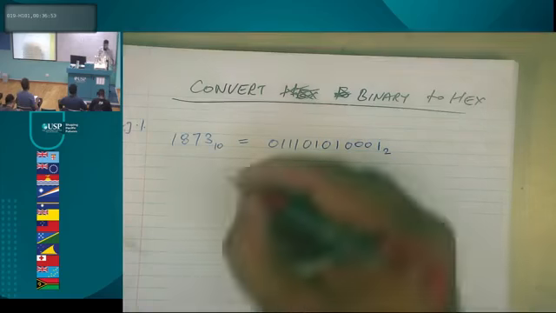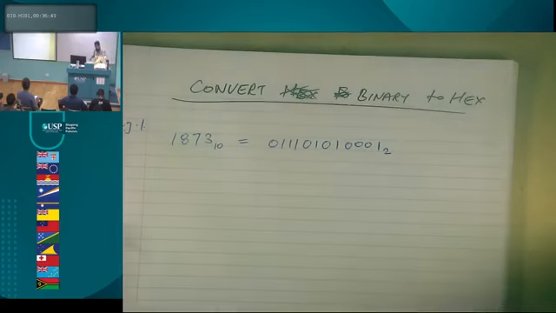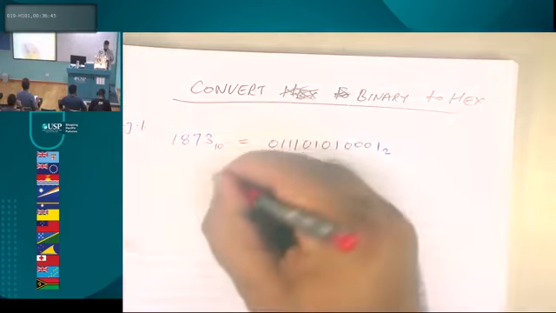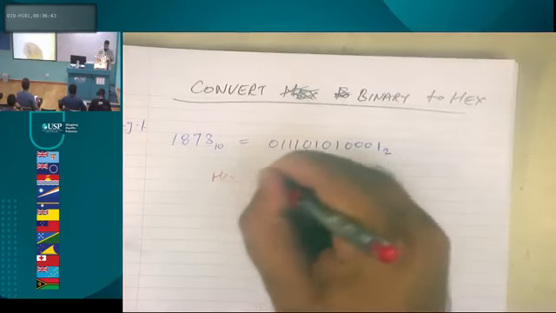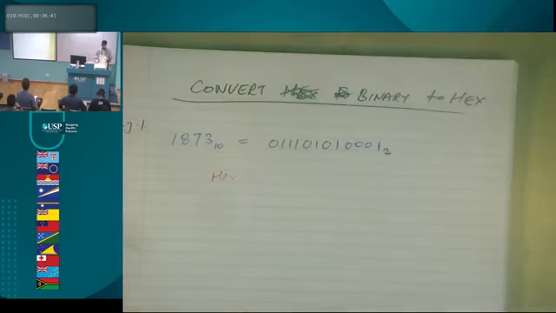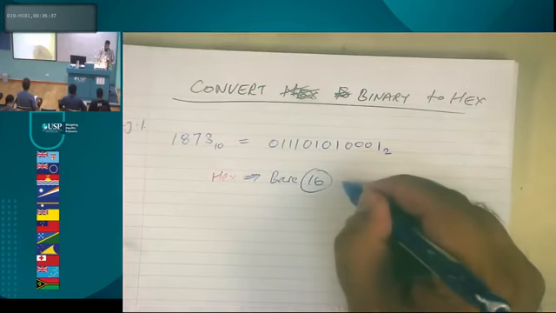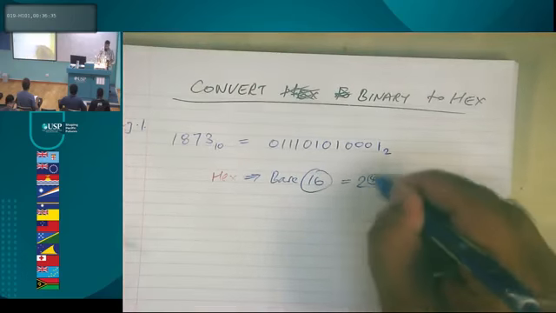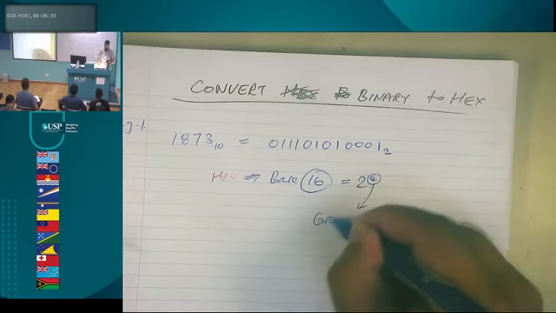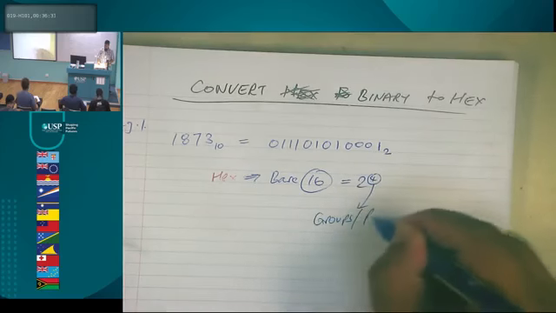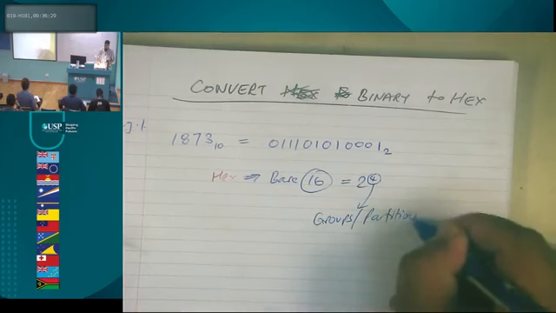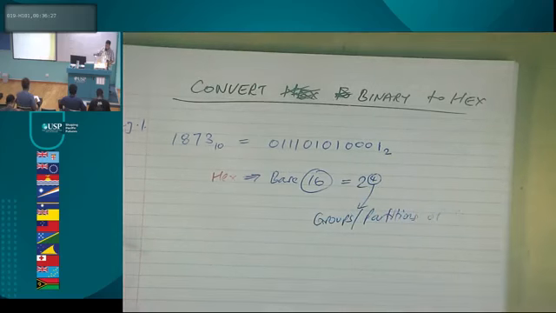Then we are aware that hex is base 16, and 16 is equal to 2 to the power of 4. So therefore we've got to do it in groups or partitions of 4.